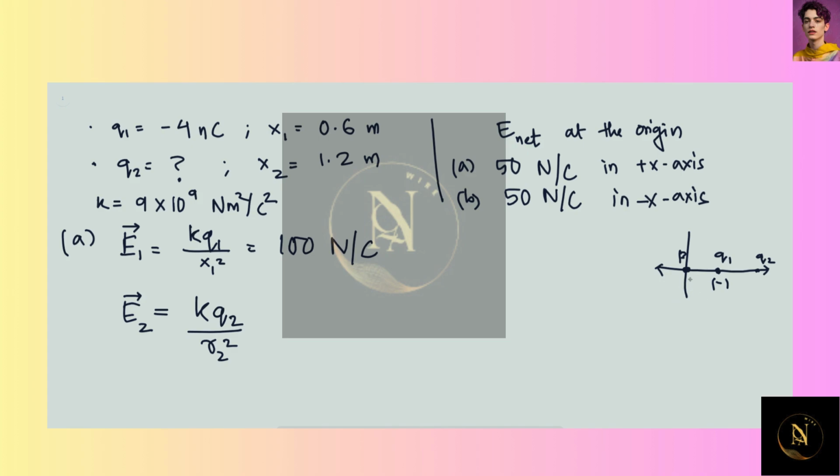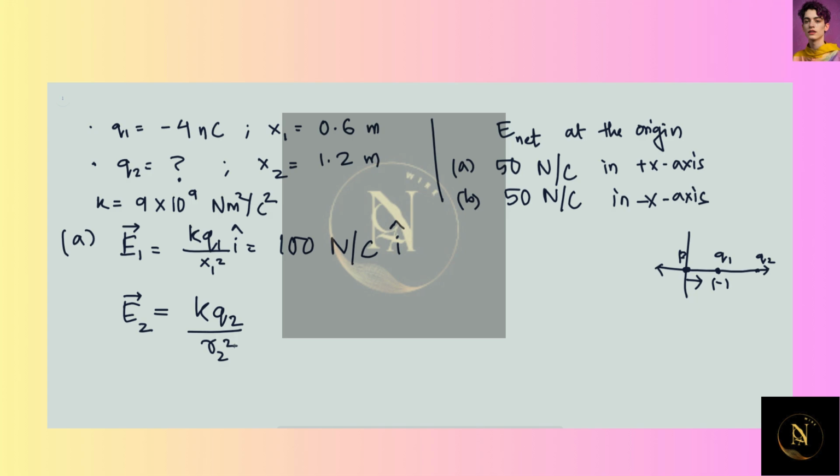So the electric field at P should be towards Q1 because Q1 is negative. This is in the positive x direction, so it has direction I cap.